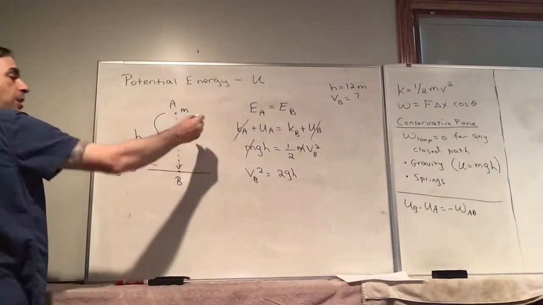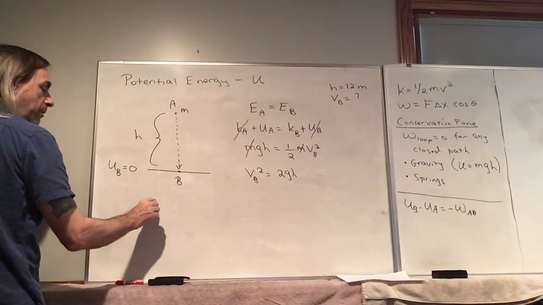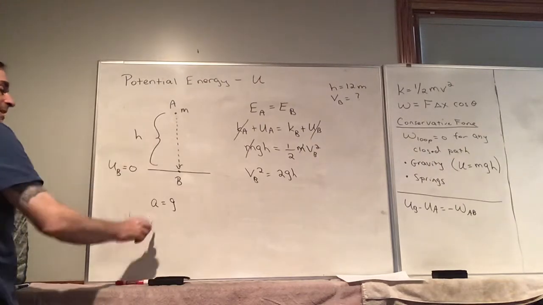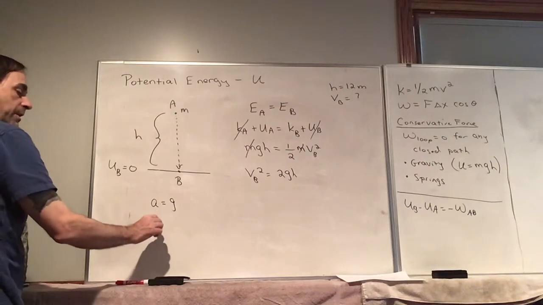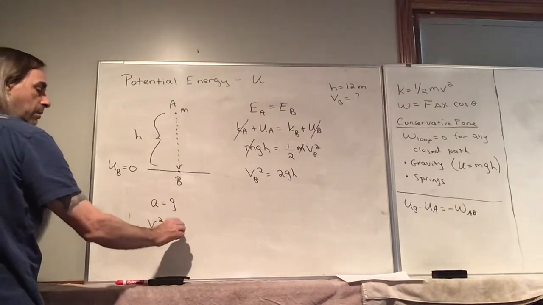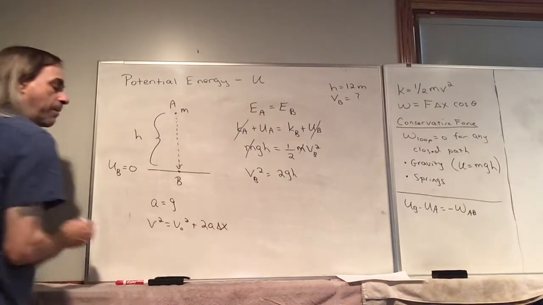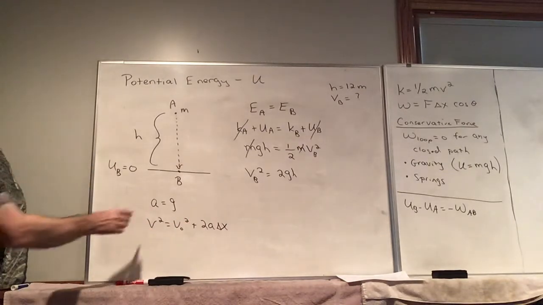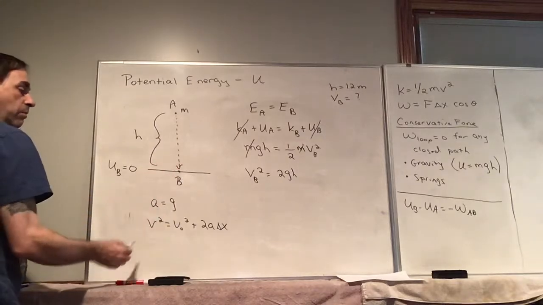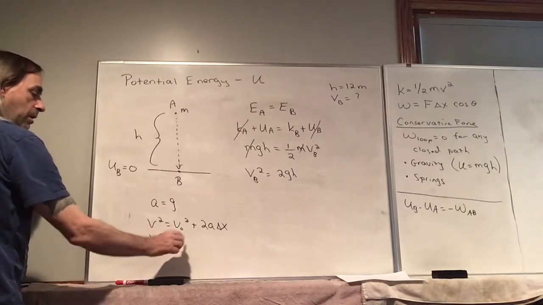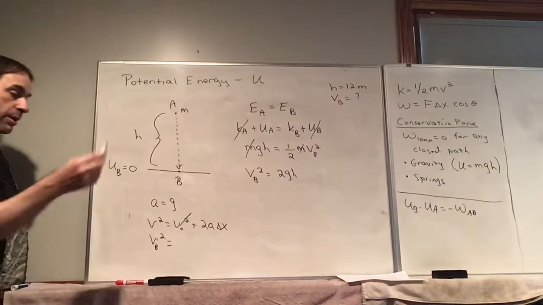Let's just call down our positive direction. We say this object accelerates at a rate g, and because that's a constant, we can use this kinematic equation. So that's our basic equation. Applying to this problem, the final point, we say vB squared. v naught is 0 because we're starting from rest.